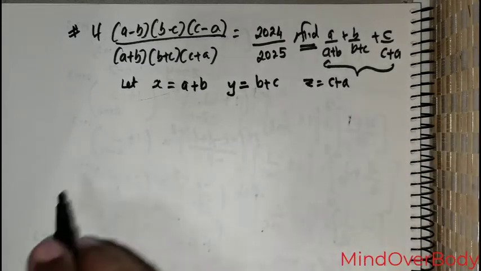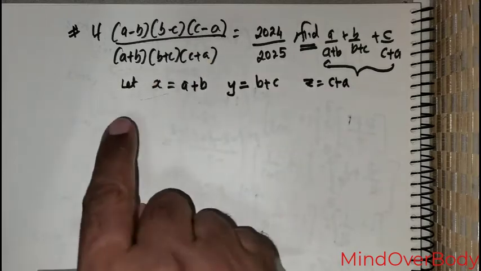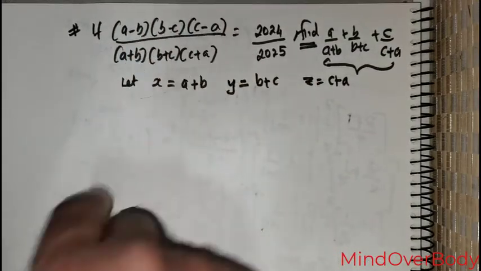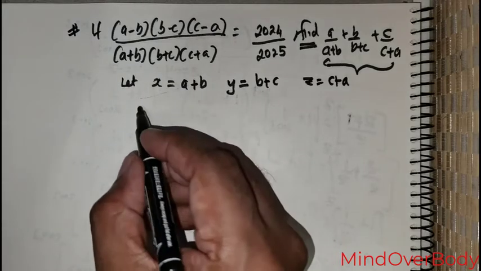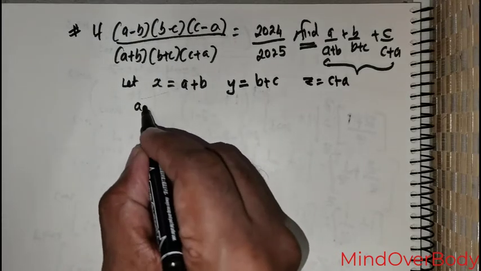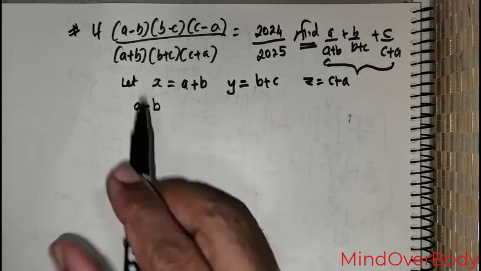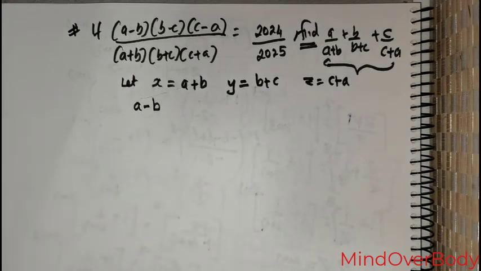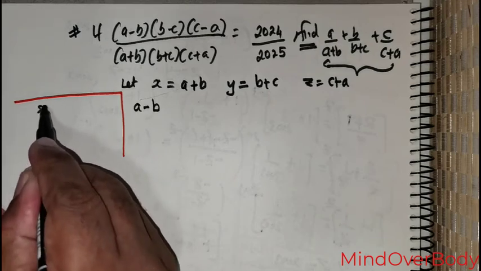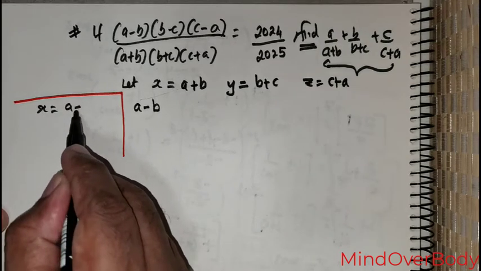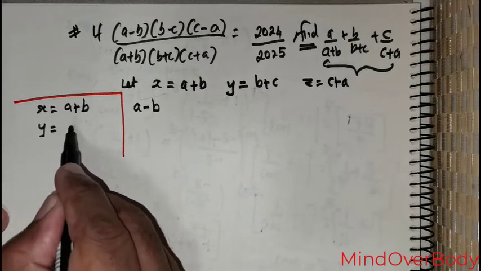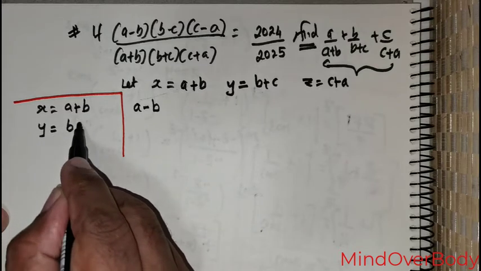So we have these terms. Now, having obtained these terms, I want to change this, right? So how am I going to change? I have a−b as the first term, but I want it in terms of x. Here x is nothing but a+b, and y is nothing but b+c.